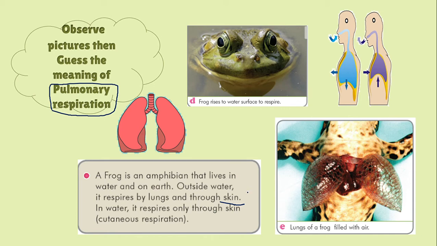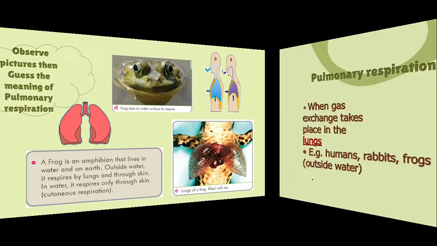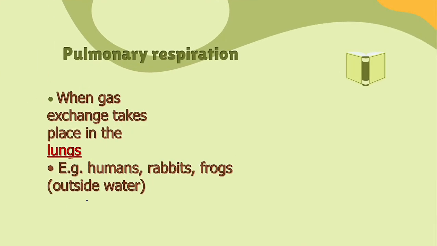In our lesson of today, you just have to focus on pulmonary respiration. So you don't have to study the cutaneous respiration, only pulmonary respiration. So pulmonary respiration is when gas exchange takes place in lungs, like humans, rabbits, frogs, mammals. Frogs, for sure, outside water, and mammals in general.